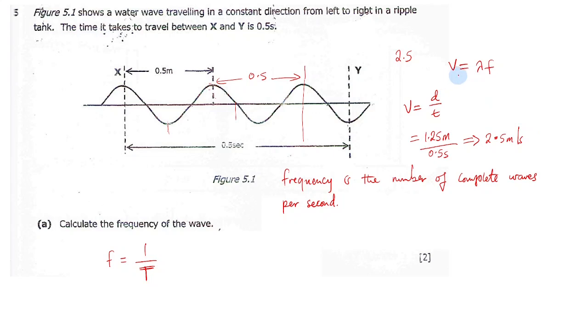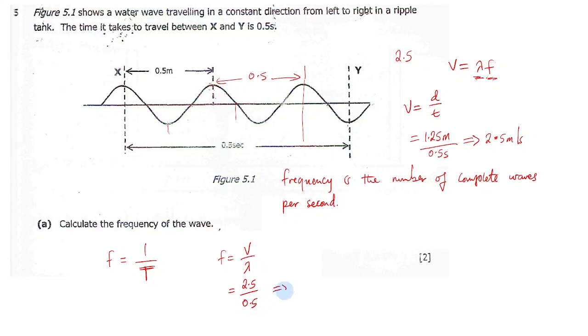So now, having known the speed, we can make frequency the subject of the formula. So frequency is going to be equal to speed over wavelength. The distance from crest to crest is the wavelength. So you say equals the speed we have found, which is 2.5, divided by the wavelength, the distance from crest to crest, which is 0.25.